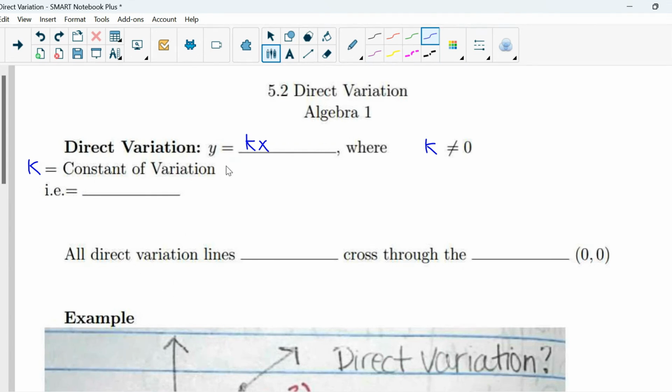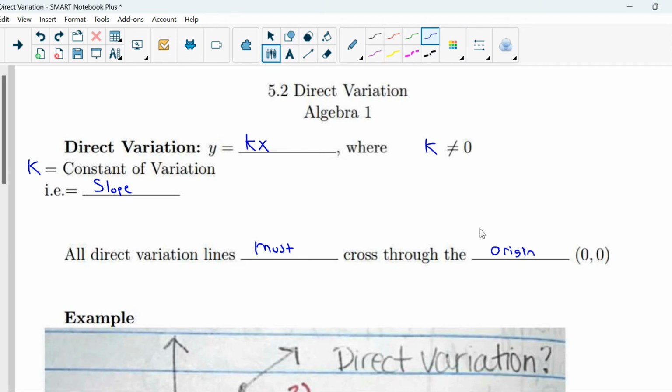So an example, a constant of variation can be the same thing as our slope. Okay? All direct variation lines must cross through the origin, which is 0, 0.